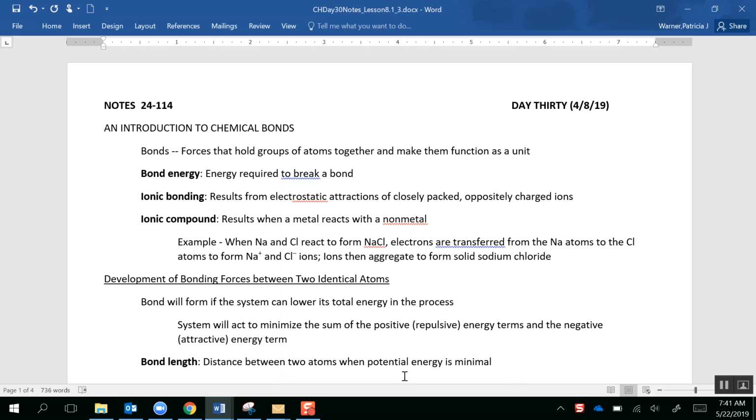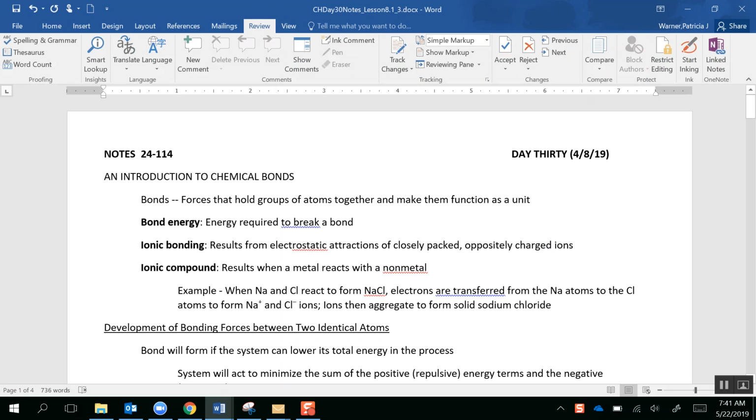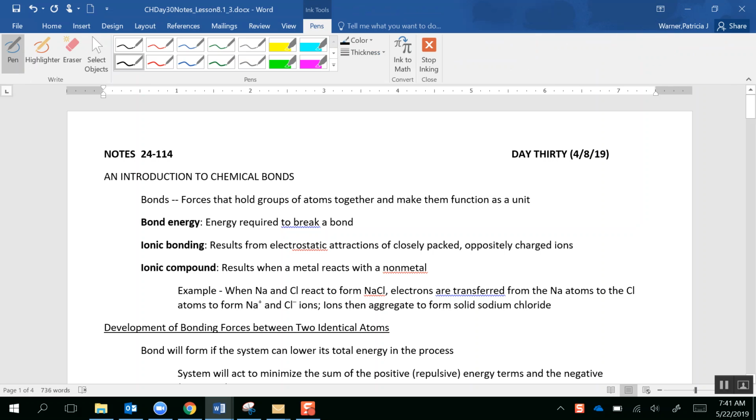First, let's look at ionic bonds. If you'll look at the example right here, ionic bonds are when there's an electrostatic attraction. So, for example, sodium atoms and chlorine atoms are not stable.